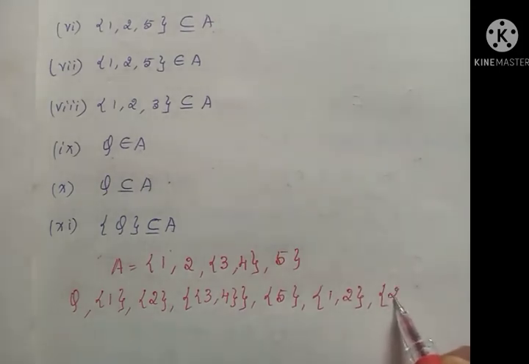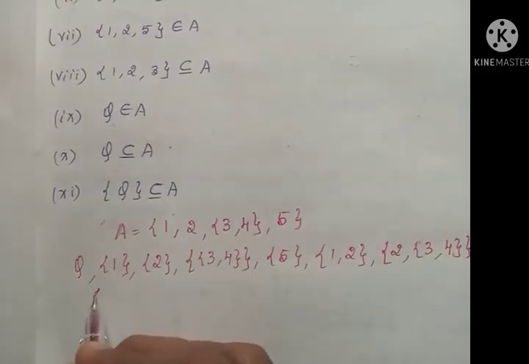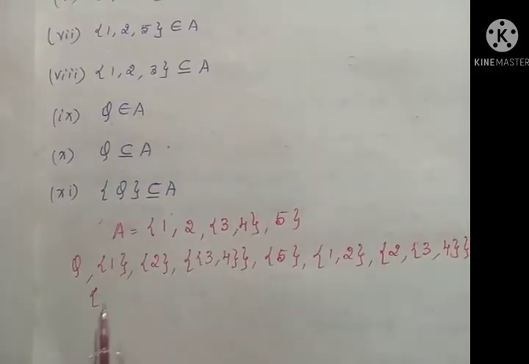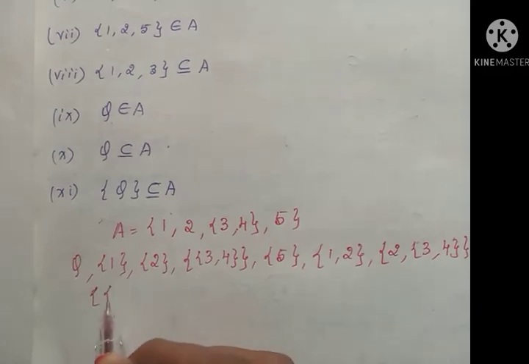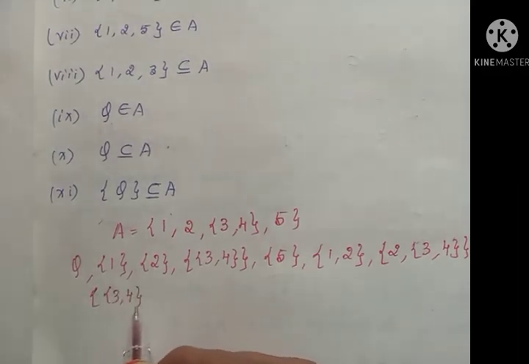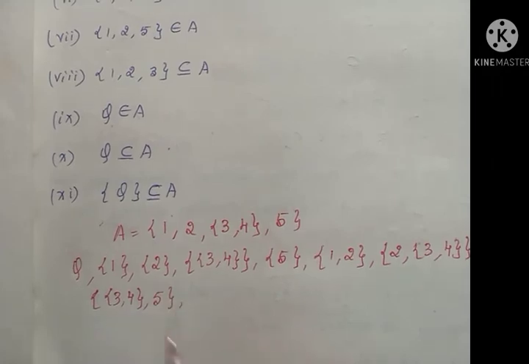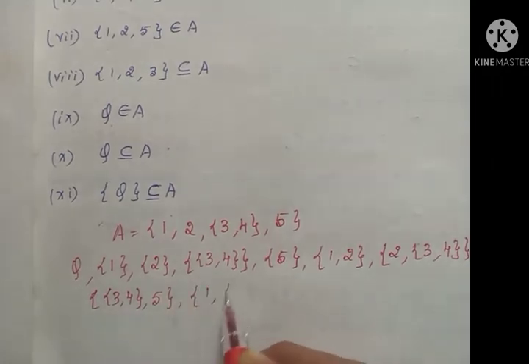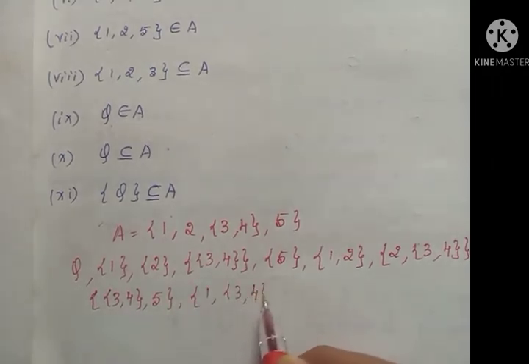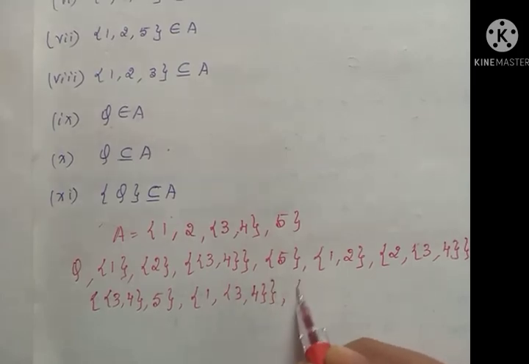Then 2, this element. After that 1, 2, 2, 3. Then again {3, 4}, 5. One more. Then 1, these elements. Don't miss any element here. 1, 5.